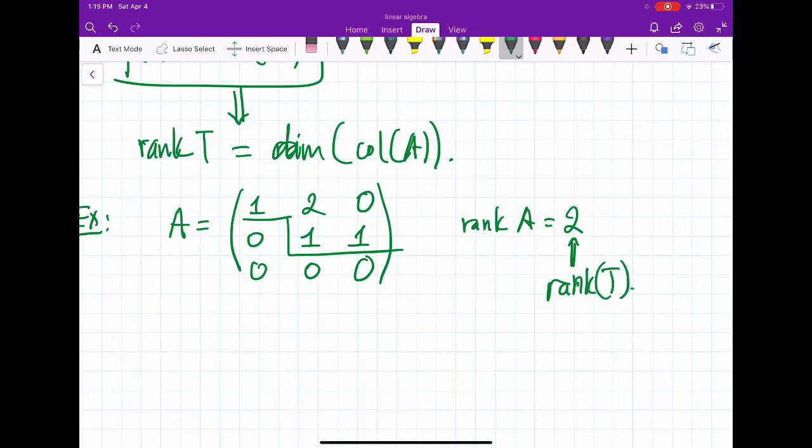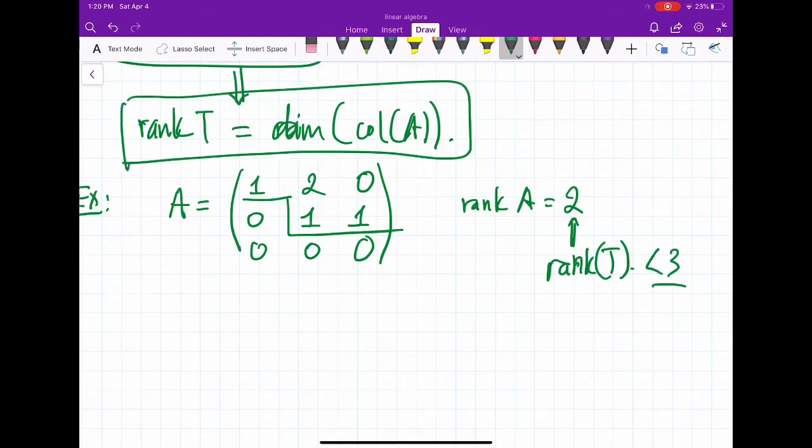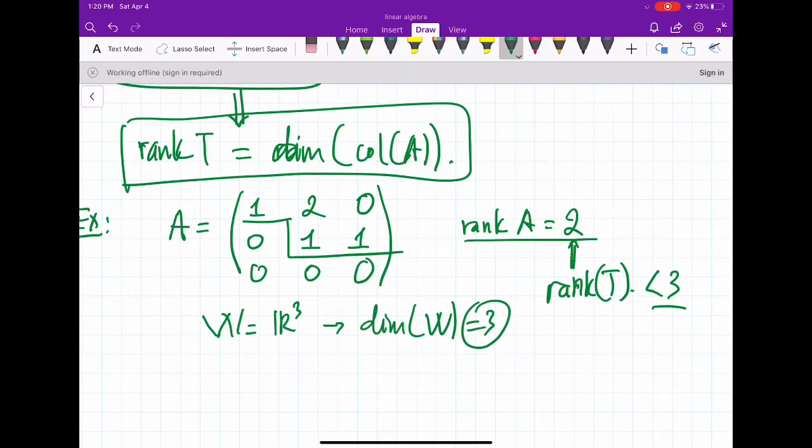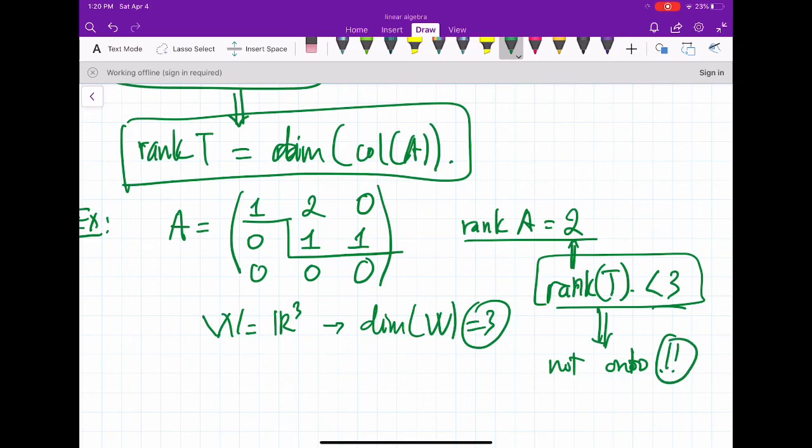But the rank of T, which is 2, is less than 3. In this case, what is W? W is R3, and the dimension of R3 is 3. So the rank of the map T is less than 3, which means T is not onto. Make sense? That is the way we can test if a linear map is onto or one-to-one.